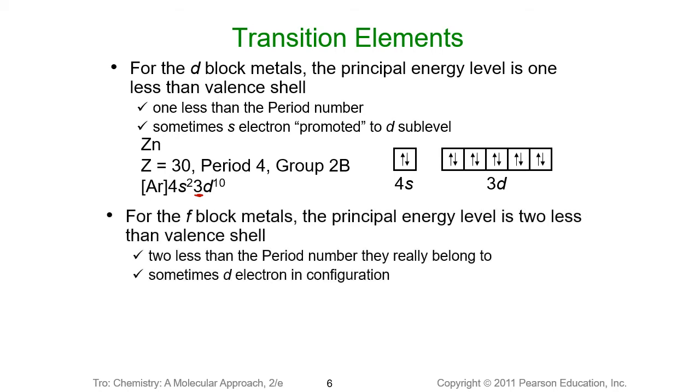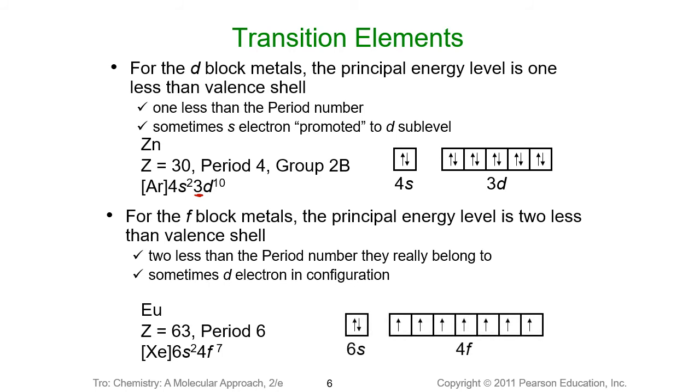If we go into the F block, the F block is 2 less than the row it sits in, and they actually belong in row 6 and 7. So when we're writing it for anything with 4f, our example is europium, we would start at xenon, it would be 6s2, 4f7.